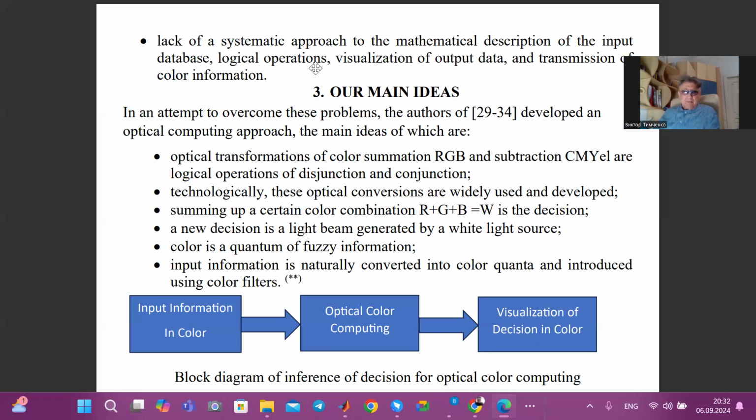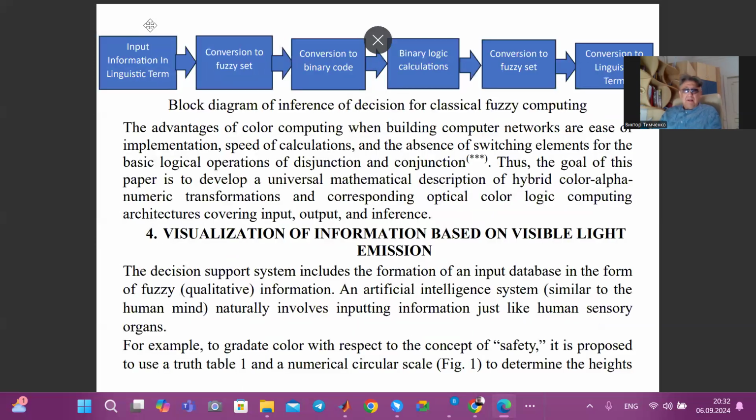This is the block diagram of inference decisions for optical color computing. This is the diagram of inference decisions for classical fuzzy computing. The advantages of color computing when building a computer network are ease of implementation, speed of calculation, and the absence of switch elements for the basic logical operations of disjunction and conjunction.